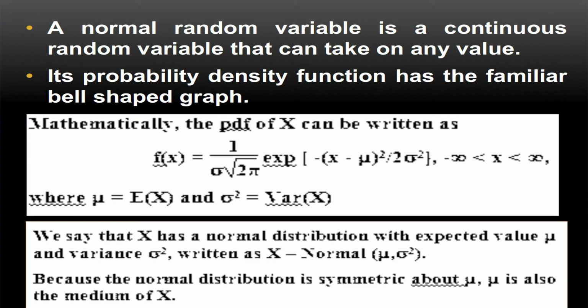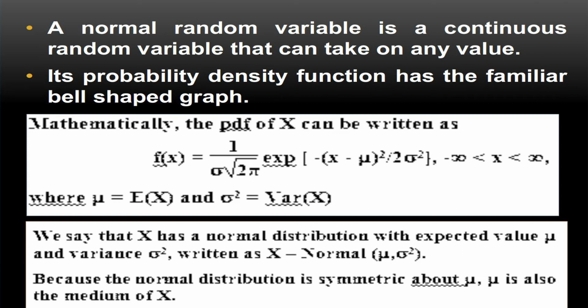A normal random variable is a continuous random variable that can take any value from minus infinity to plus infinity. Its probability density function has the familiar bell shape graph we are going to see.